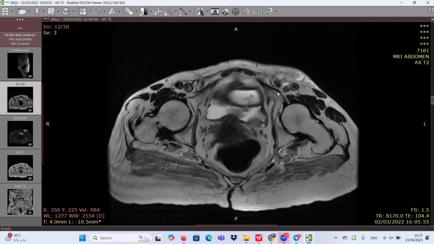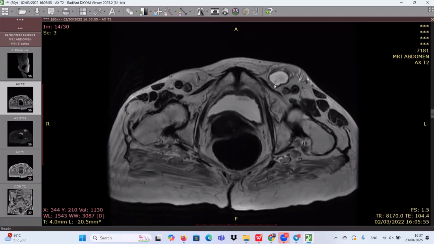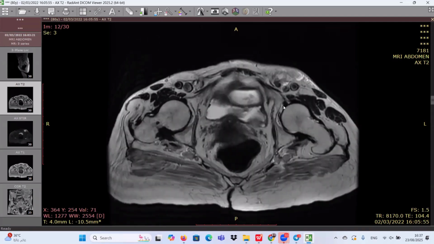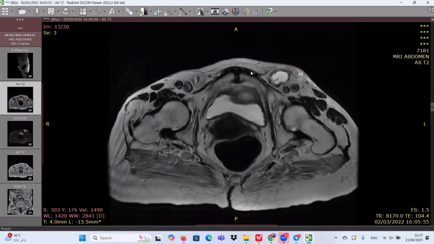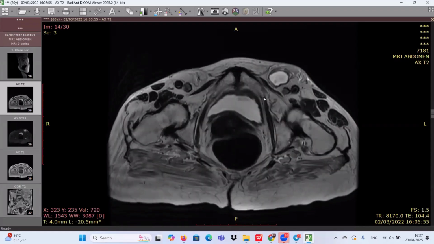If the hernial sac is inferior to the inferior epigastric artery, we have a femoral hernia. So we have three points to differentiate. Also, the indirect inguinal hernia can be seen in multiple slices, but the direct inguinal hernia can be seen on one or two slices. Anyway, we have many different points to differentiate, but for sure here we have a femoral hernia with displacement of the femoral vessels posteriorly.